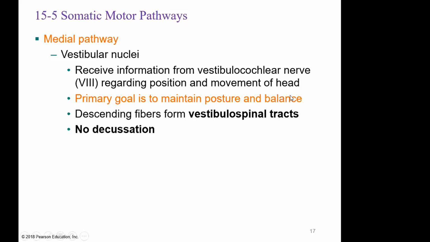So if you get vertigo and it affects your inner ear, then it can cause you to have problems with balance. So the vestibular nuclei working with the vestibulocochlear nerve help us with maintaining posture and balance through our vestibulospinal tracts. Interesting thing here, no decussation.